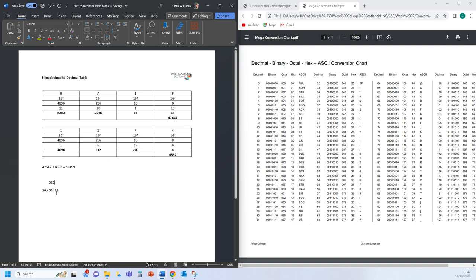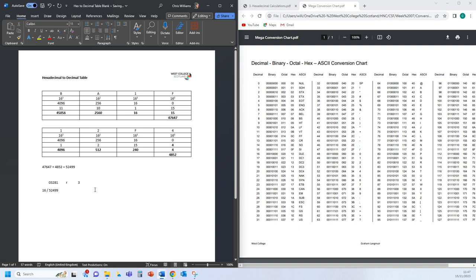So 12 with the 9 is 129. 16 goes into 129 8 times, with the remainder of 1. So that would give you 1 with the 9, which is 19. So that means 16 into 19 goes once, with a remainder of 3.